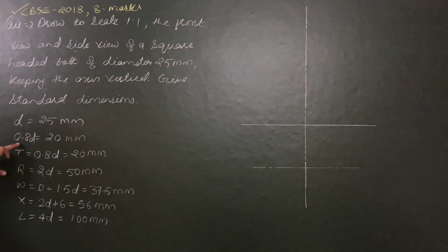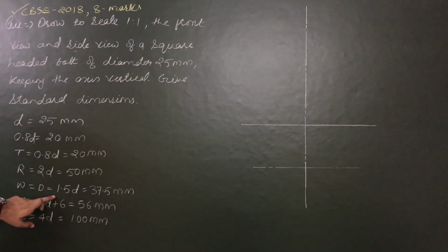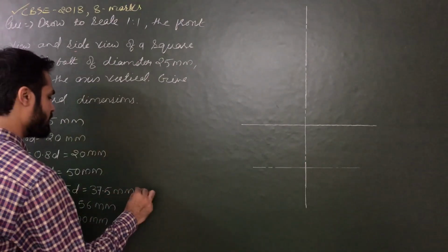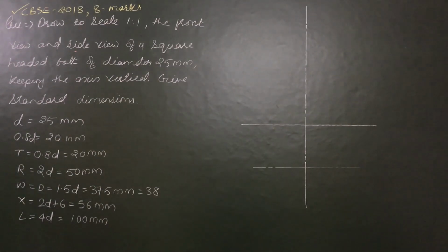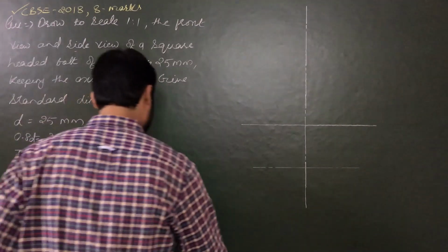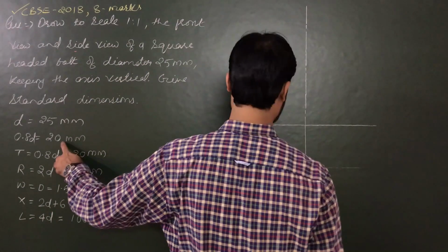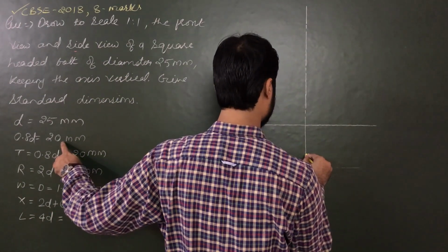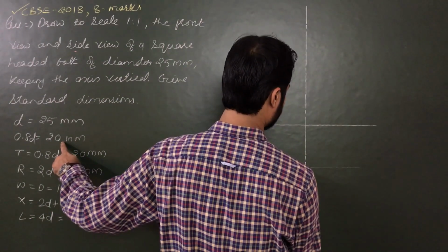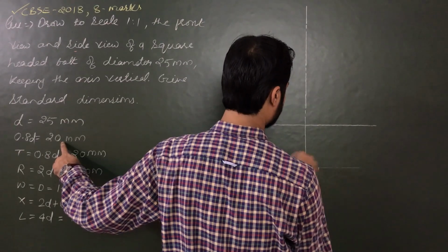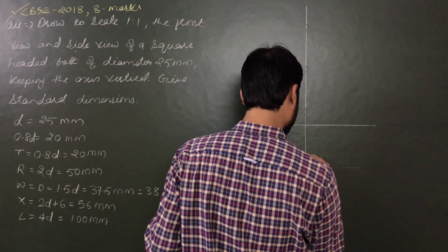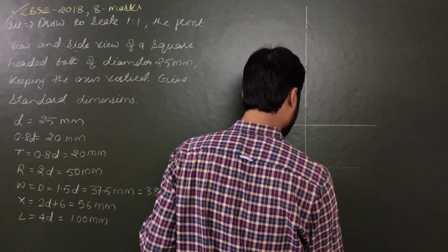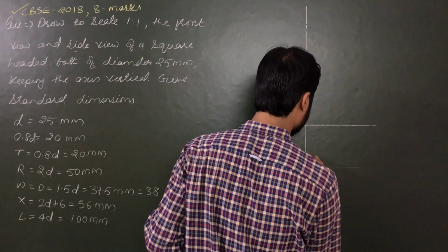First of all, draw 3 concentric circles of dia 20 mm, 25 mm, and 37.5, approximately 38. So mark limits of 20 from the center, limits of 25, and limits of 38.